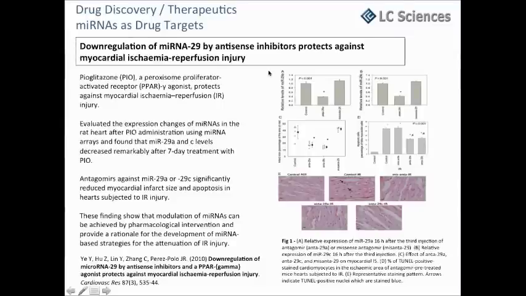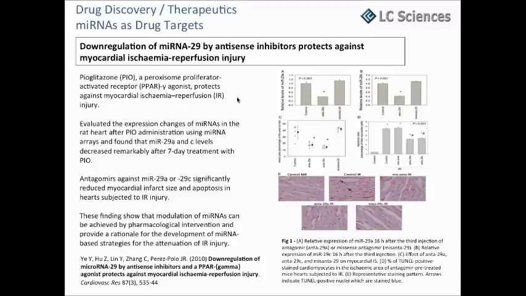And the last example here is focusing on microRNA 29 and the downregulation of miR-29 by antisense inhibitors and how it protects against myocardial ischemia reperfusion injury, IRI. And again, the method of choice here was microarrays.